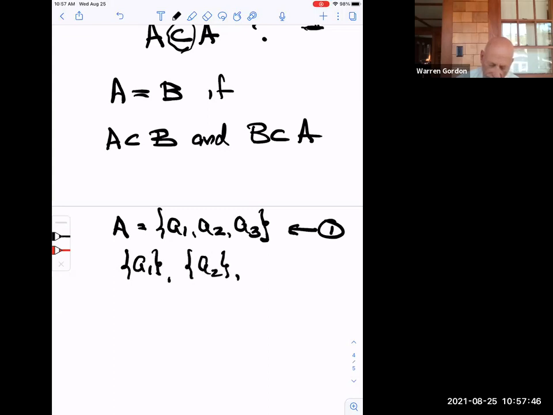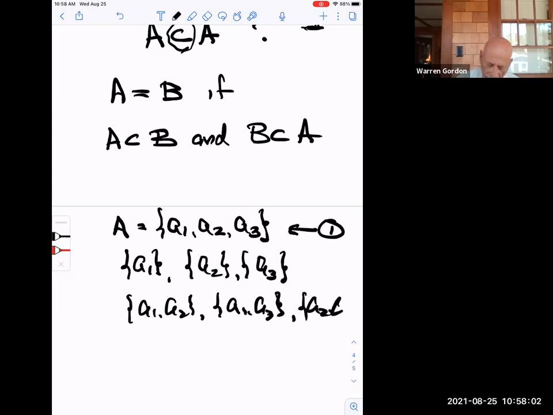Here's one. Here's one. Or A1 and A2, or A1 and A3, or A2 and A3. So the way I can get a subset is look at the original set and just delete some elements.